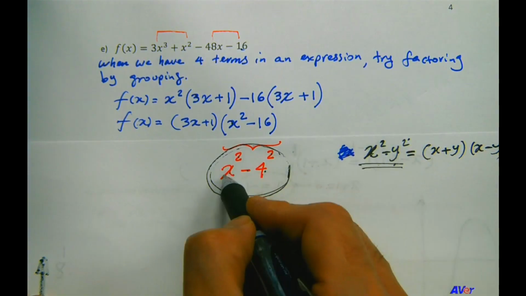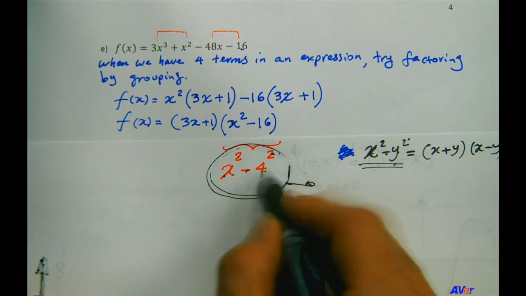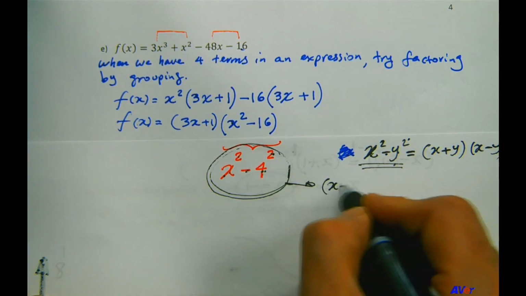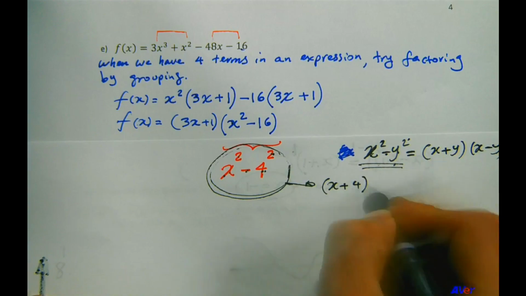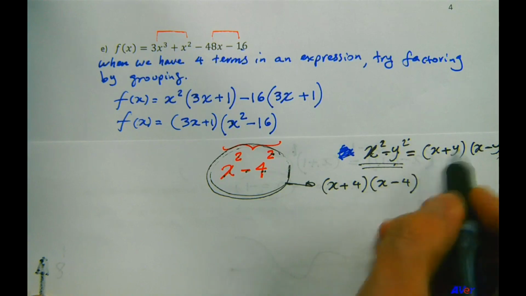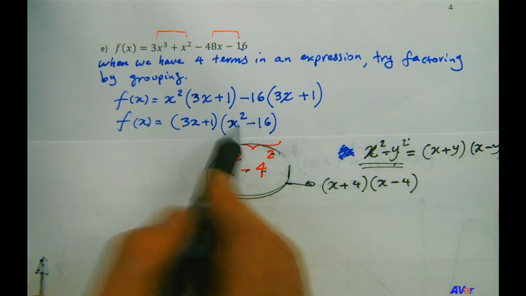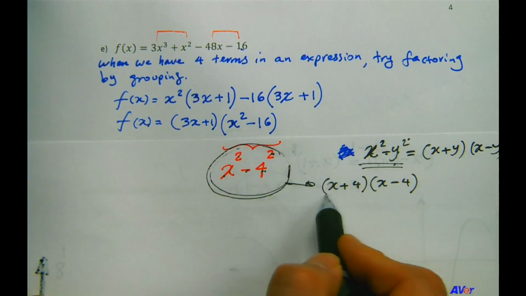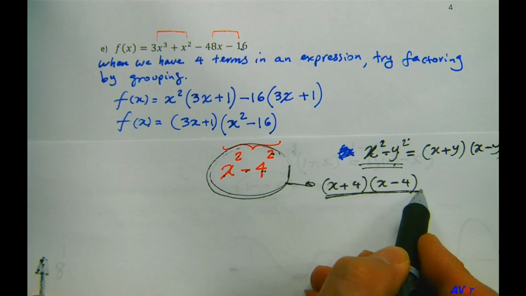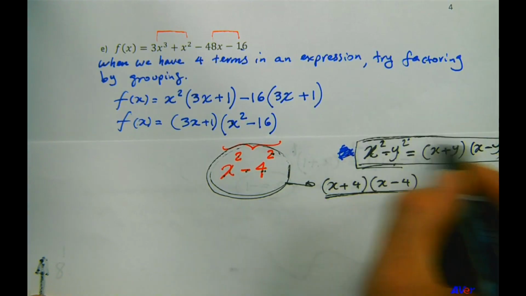So therefore, we can factorize this into x plus 4 times x minus 4, except in our case, y is 4. Okay? So this second factor can be factorized more using this special product formula, which I've asked you to memorize.